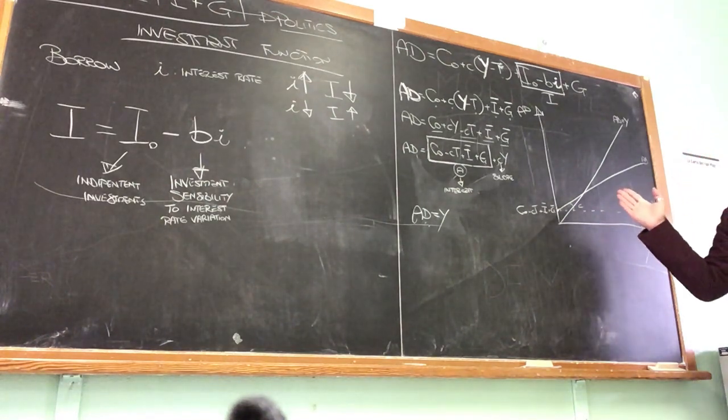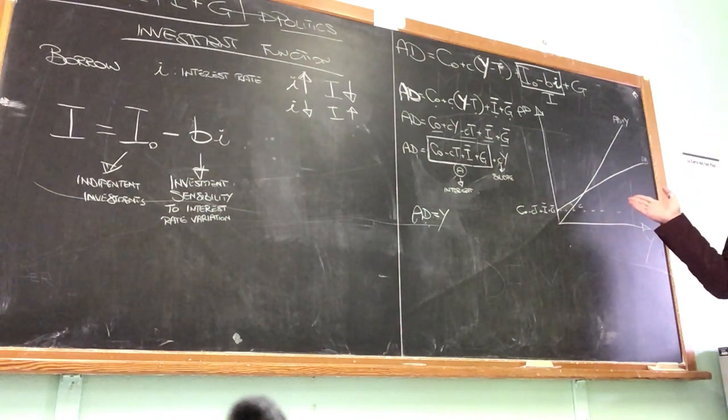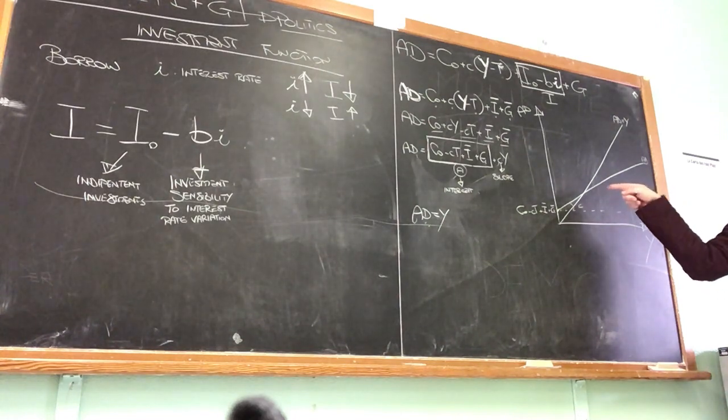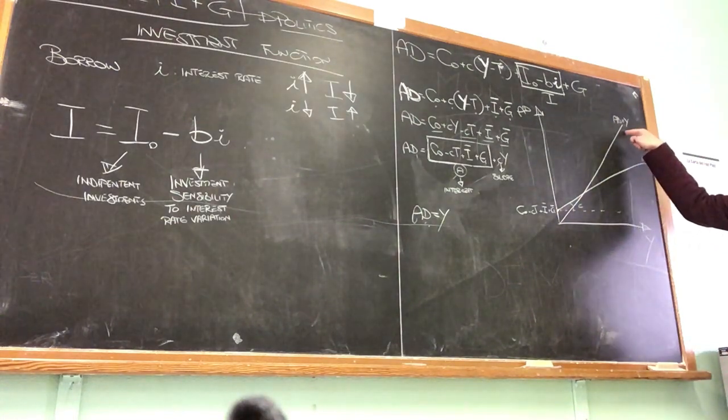So in this graphic, I guess you can guess what is the equilibrium point. Can you guess it? This straight line, the bisect, are all the points of equilibrium.